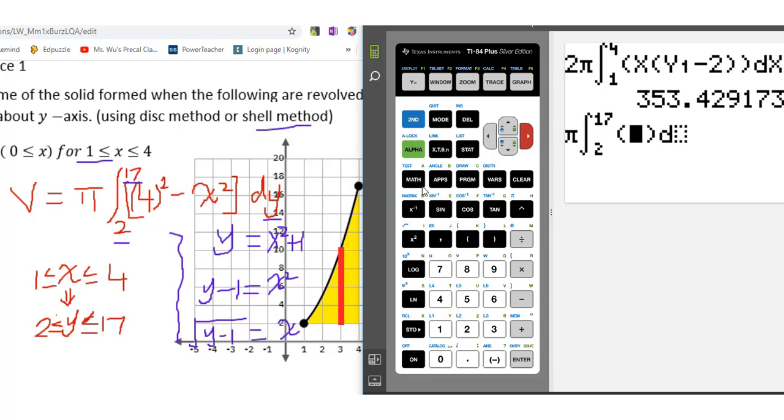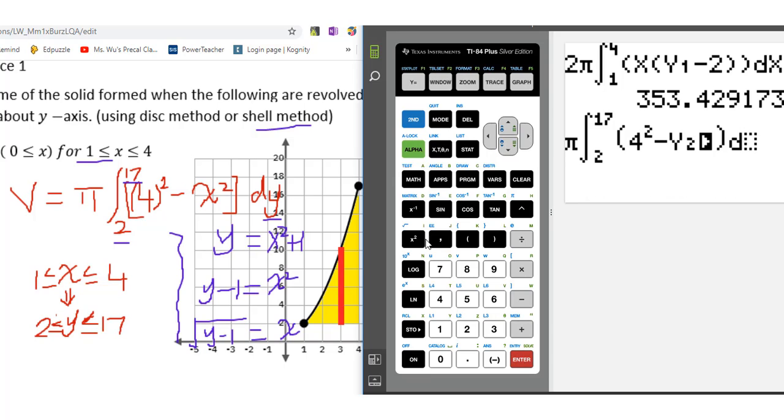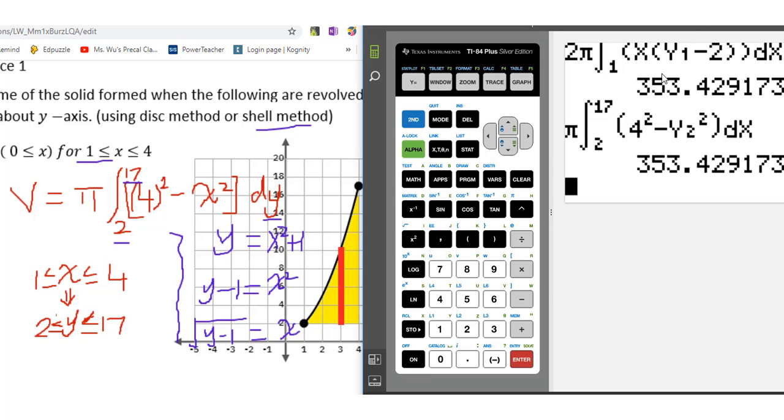This will be 4 squared minus alpha trace. This time it's y2 squared. Then dx. Enter. You will see you get exactly the same answer.